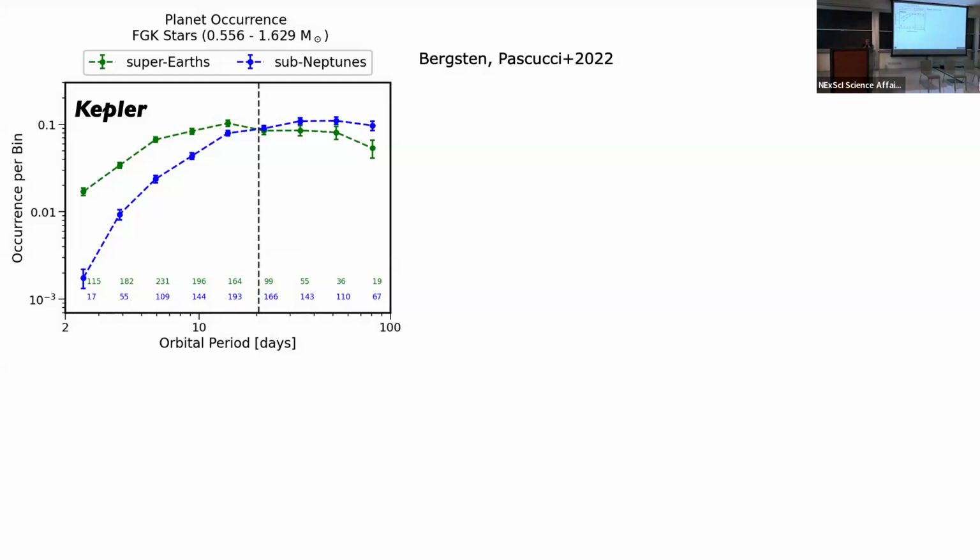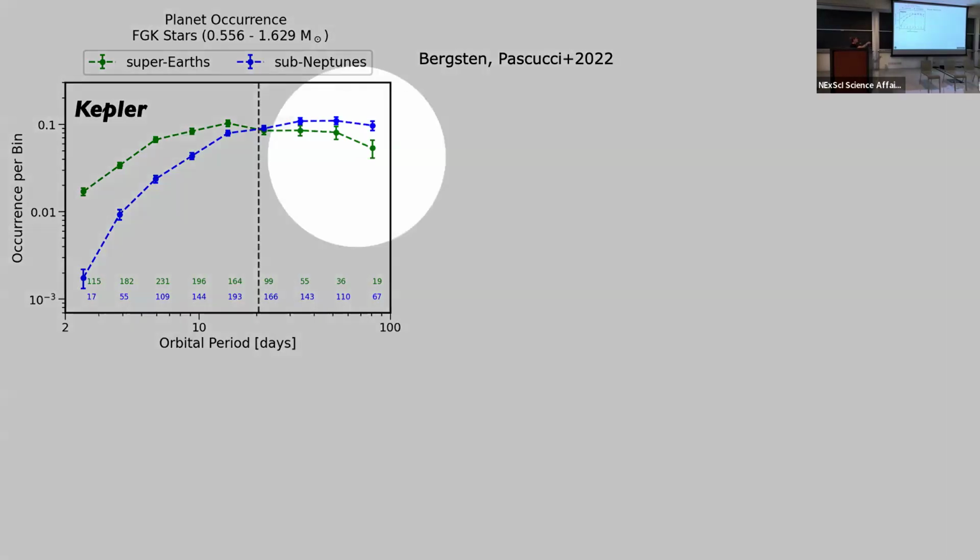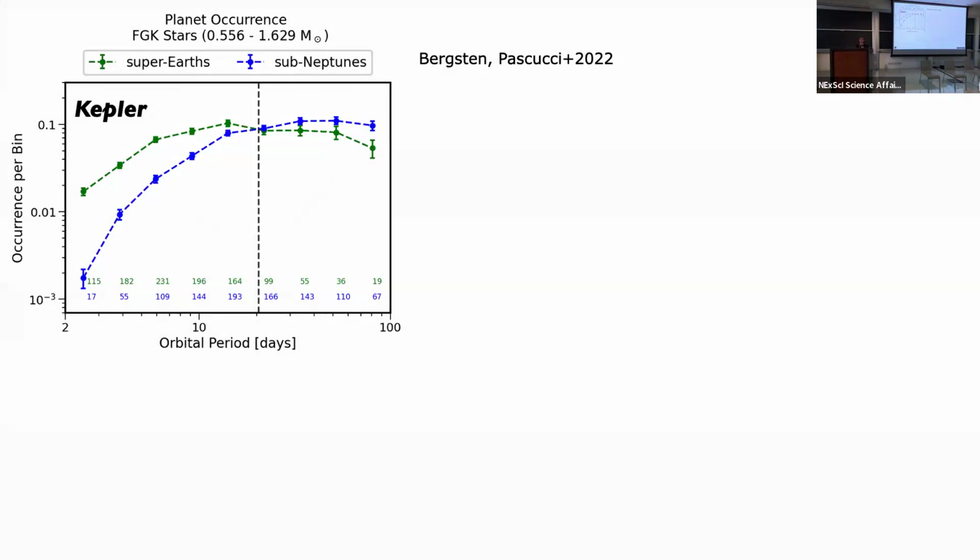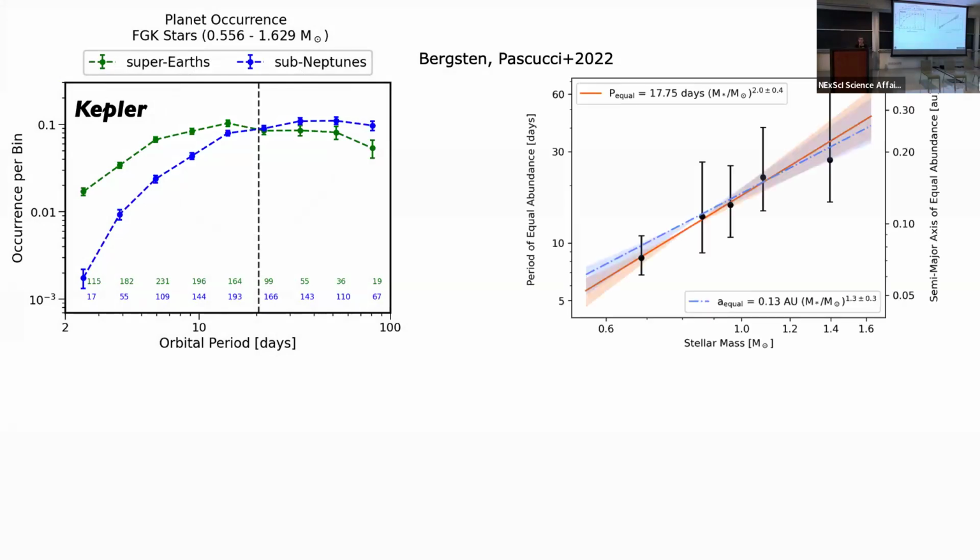Now you can do this type of plot as a function of stellar mass, and you can ask the question: how is this period of equal abundance changing as a function of stellar mass? If you do that, you find that the period moves outward.